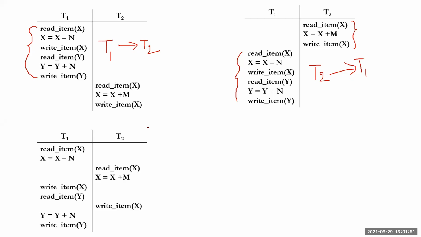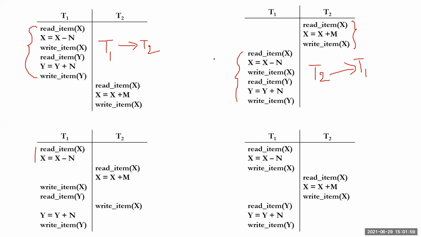And the next one is interleaving. Interleaving means two instructions of T1 are executed, then followed by two instructions of T2, followed by two instructions of T1, and so on and so forth. This is one kind of interleaving, and this is another kind of interleaving.